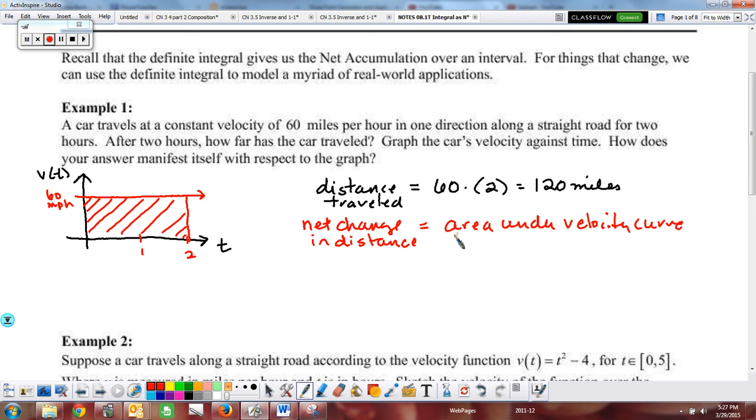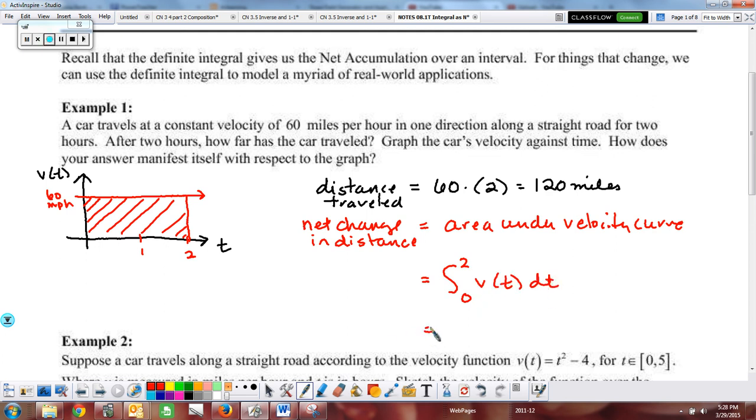And in this case, area and definite integrals are going to be exactly the same thing because my velocity is positive. So the area is the same as this definite integral from 0 to 2 of v of t dt.